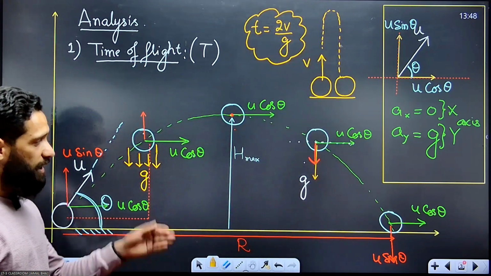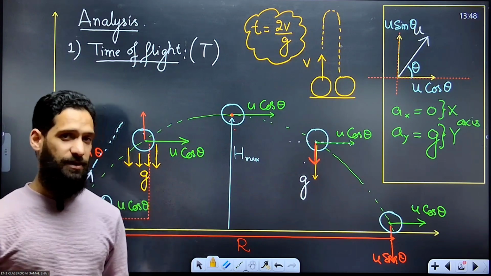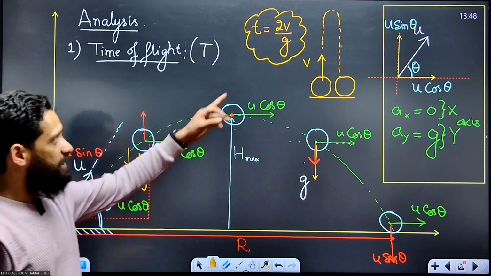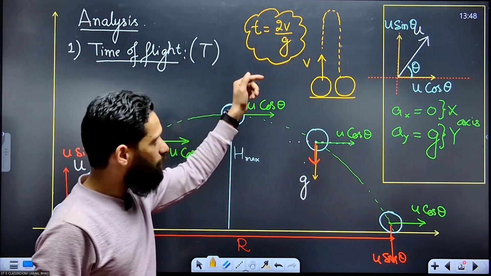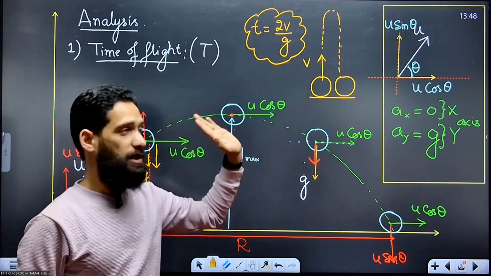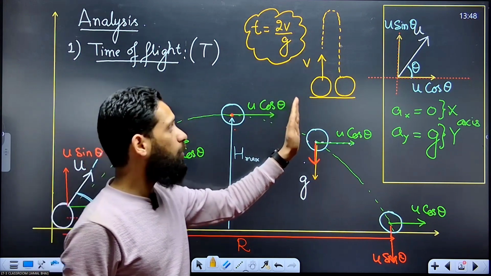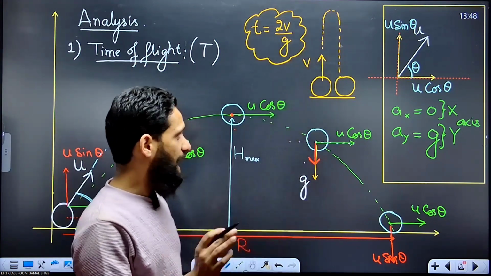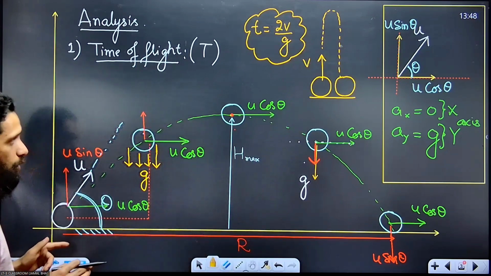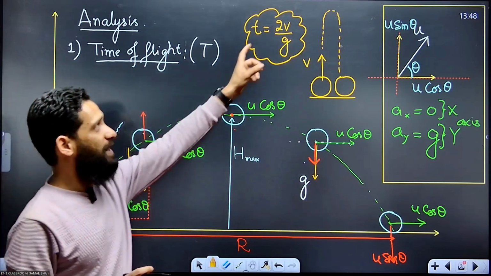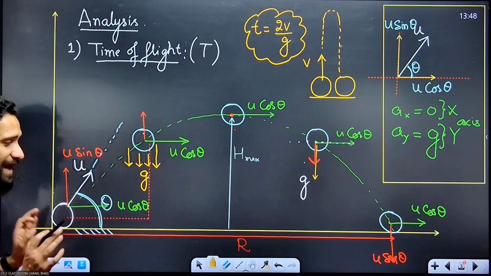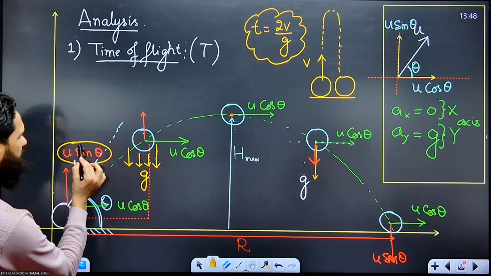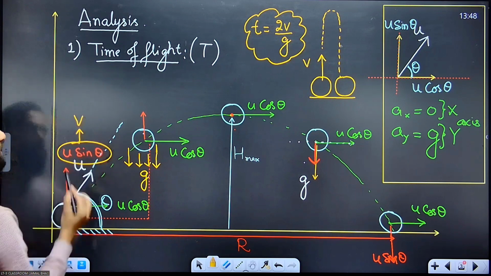So here also we will use the same fundamentals, but there is only one change: the v which we were studying in one-dimensional motion was the velocity with which the ball was fired upwards, only upward components. Here, when we have to put the value of v, we will not write completely v, we will take this u sine theta as v.